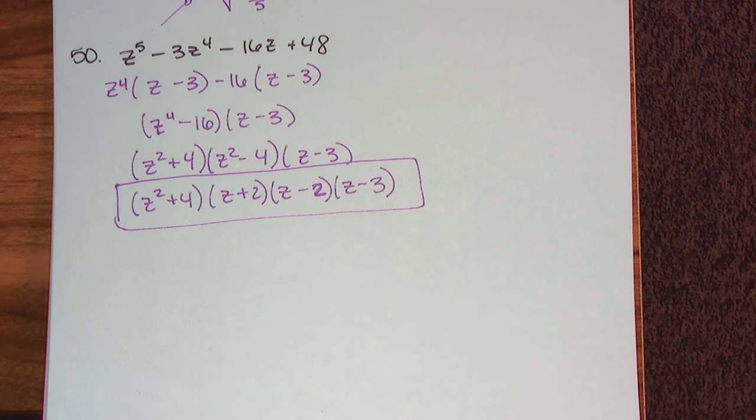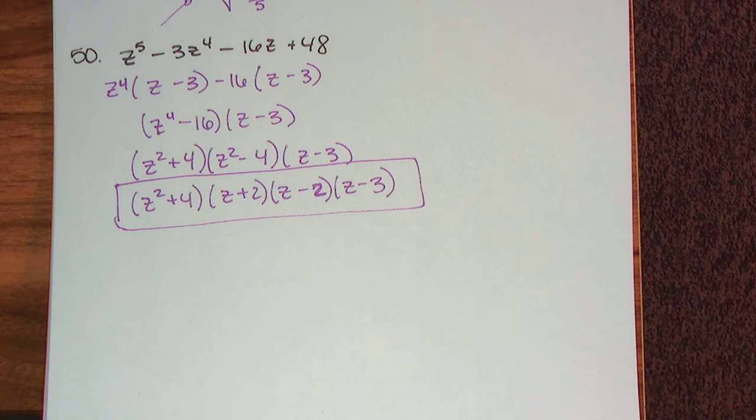Because if you were to go back and FOIL that, it's not a difference of squares. The difference of squares, the key is that it has to have a subtraction in the middle of it.